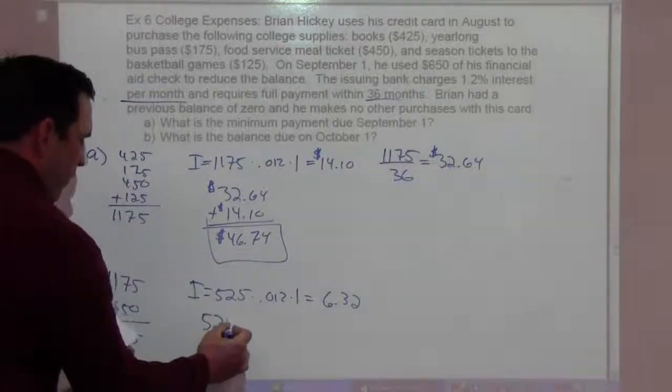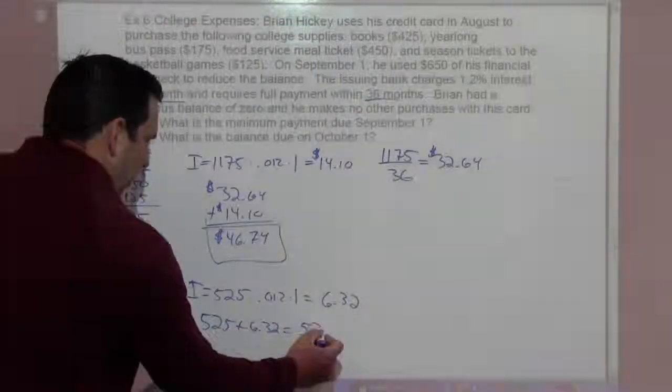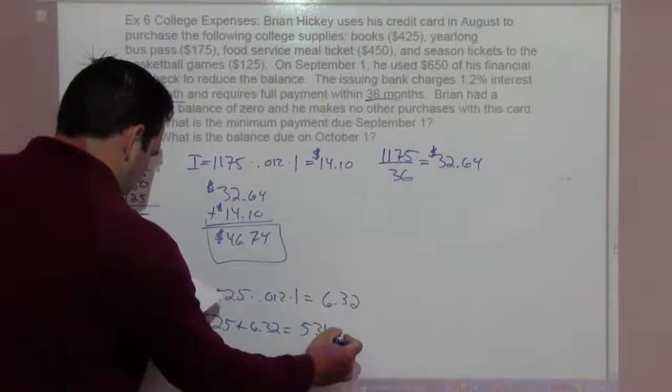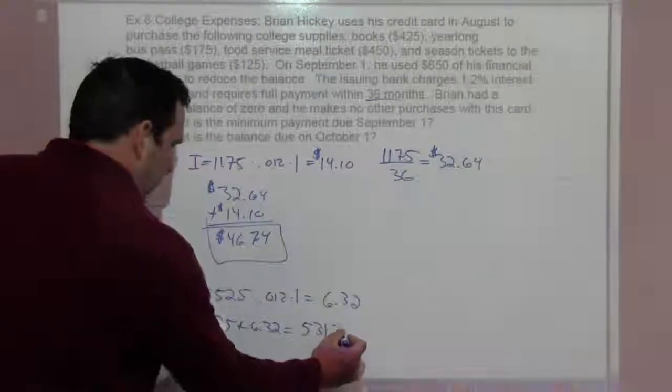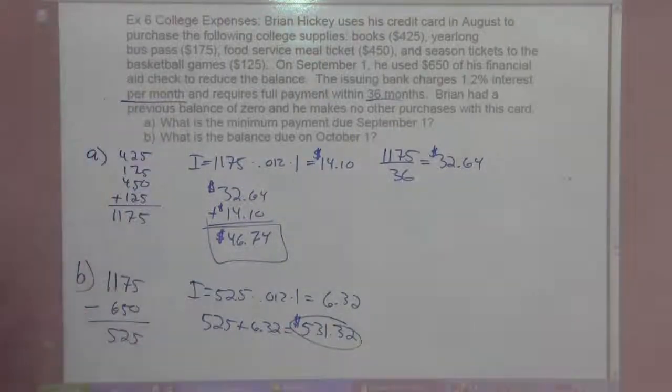So 525 plus 6.30 is $531.30. Okay, I'm going to move on. Feel free to pause if you need to.